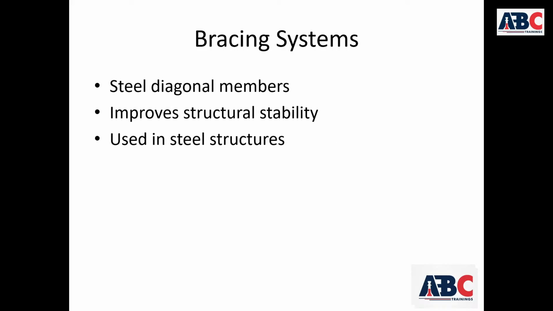Next slide is about bracing system. Bracing system is another important lateral load resisting system. What is a bracing system? A bracing system consists of diagonal steel members provided within a structural plane in a normal rectangular frame made of beams and columns.